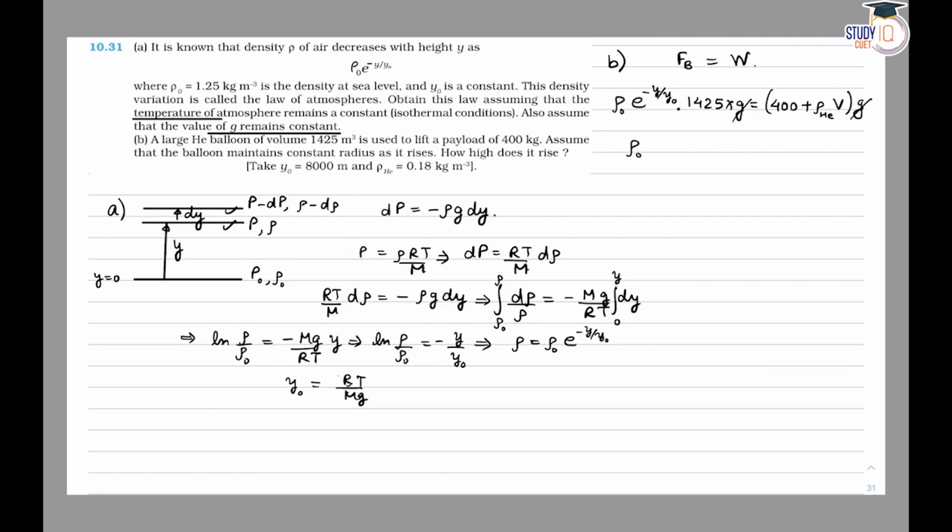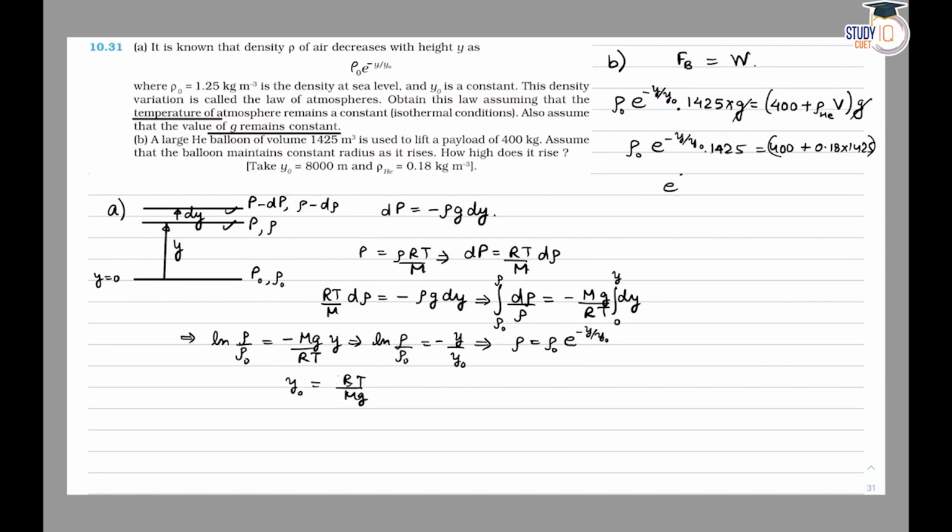I get rho naught e raised to power minus y by y naught into 1425 is equal to 400 plus density of helium, which is 0.18, into volume, which is 1425.